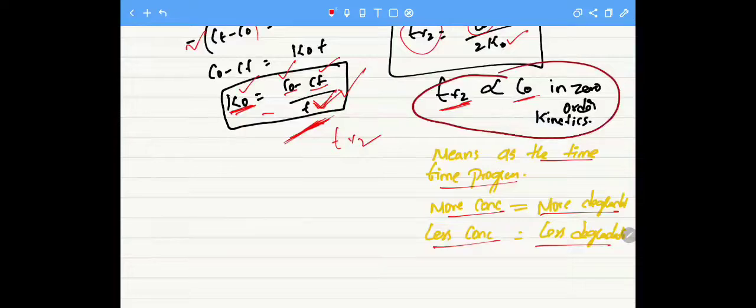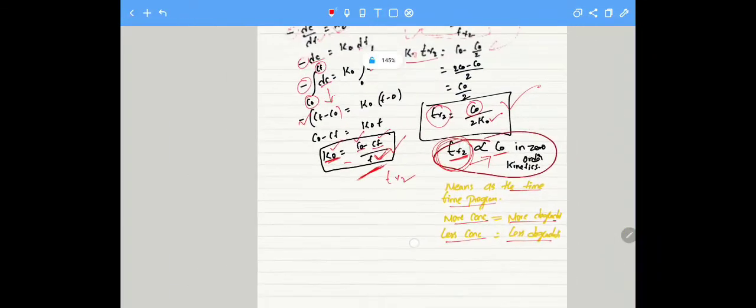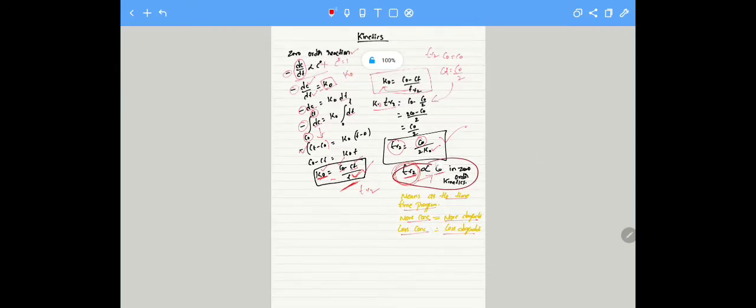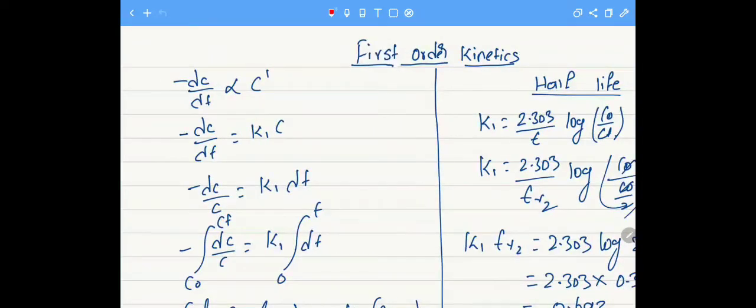Remember, in case of first order, the concentration will not affect your degradation values, but in case of zero order half-life, the initial concentration will affect your half-life values, because T half is directly proportional to initial concentration. So remember this. Next we'll move on to first order kinetics.